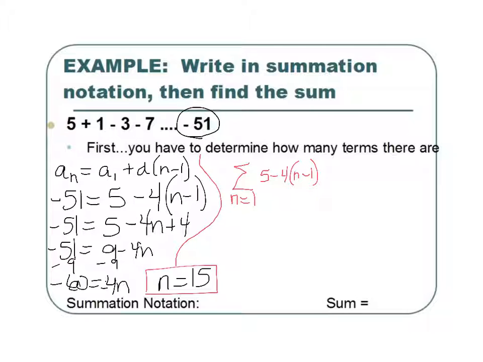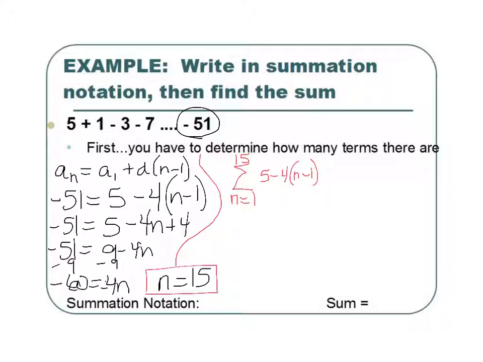That's the rule that defines this sequence here. Now I'm going to let n equal 1, and it's going to increment and increment and increment. I'm going to keep plugging it in until I end up at negative 51, which I found was 15 terms. So there's our summation notation.